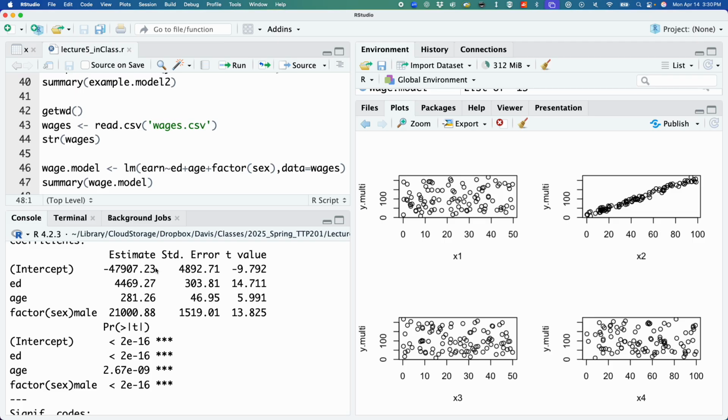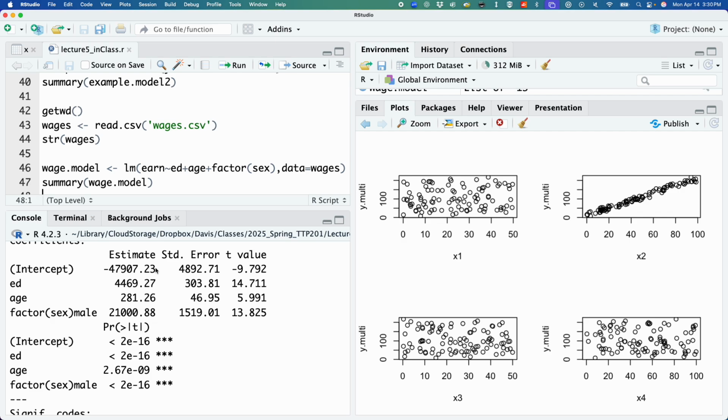Education and age, kind of similar in number, $4,470 for every year of education, and for age, $281 for every year in age that you are. Okay, but now we've layered on an extra variable that is different from how we've traditionally been interpreting these.